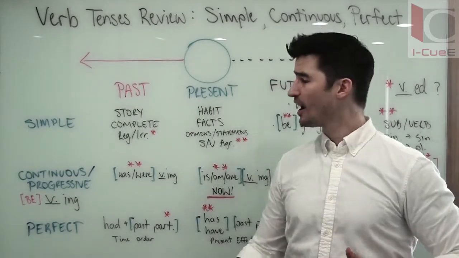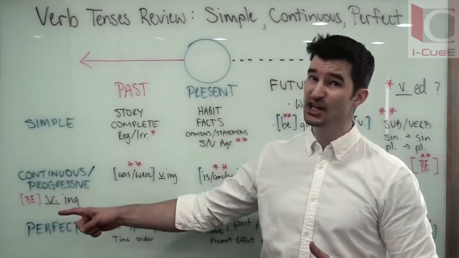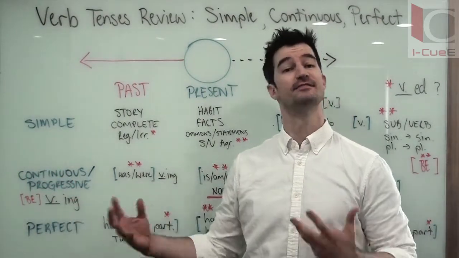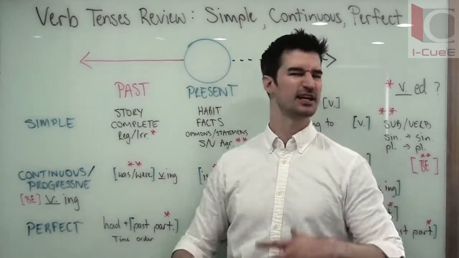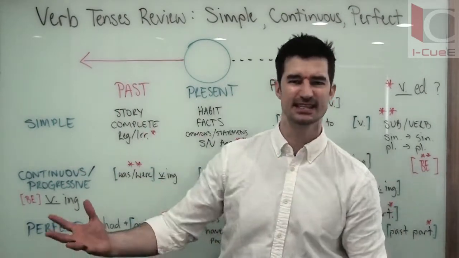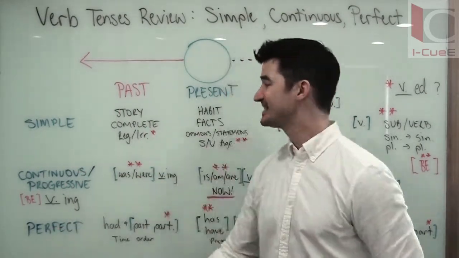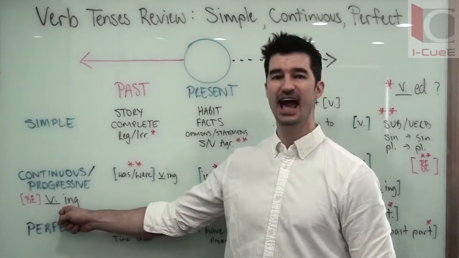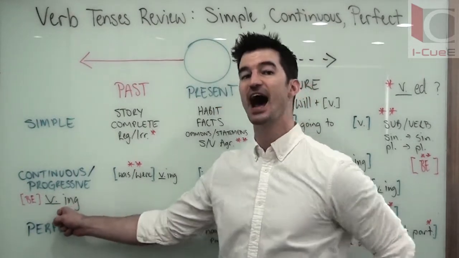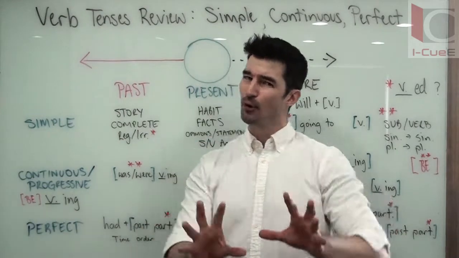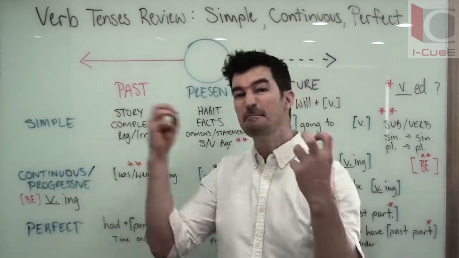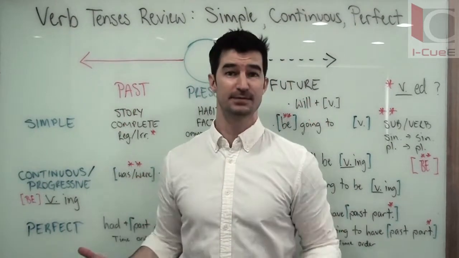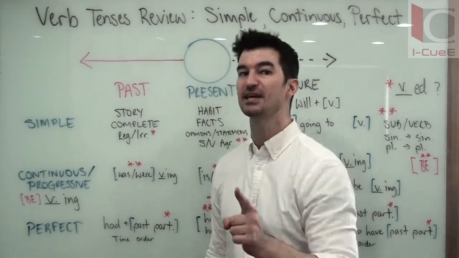So in moving on, we have now the continuous or the progressive verb tenses. Remember that these two words, continuous or progressive, are interchangeable. They mean the same thing. And what they mean is that the verb has to have these three letters, ing. It's important to remember that when you see verb-ing, you don't immediately think, oh, this is a verb tense, because it may not be a verb tense.